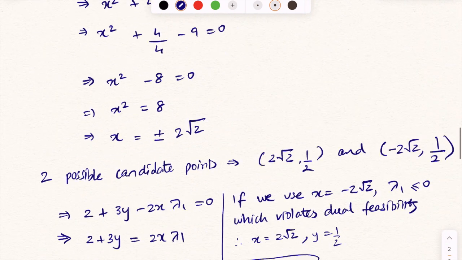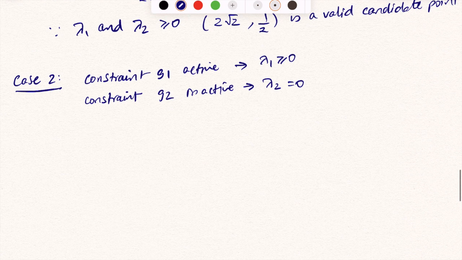So going back to, okay, in case 2, again, I'm going to start off with y minus half is less than 0. Y minus half is less than 0. And I'm also going to start off with the other constraint, which is that x squared plus 4y squared minus 9 is equal to 0.